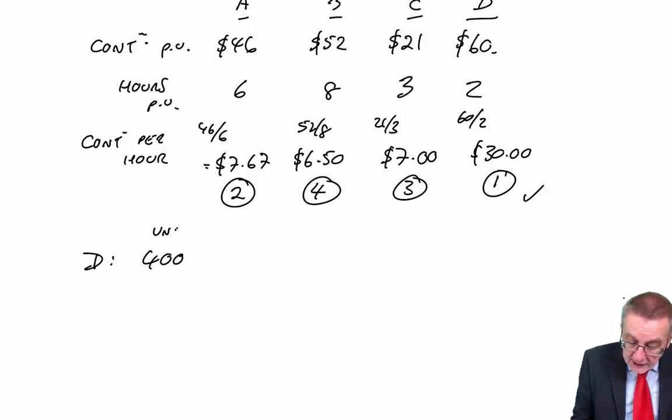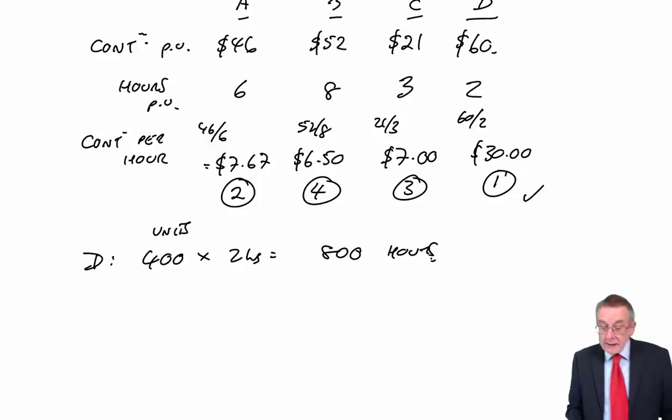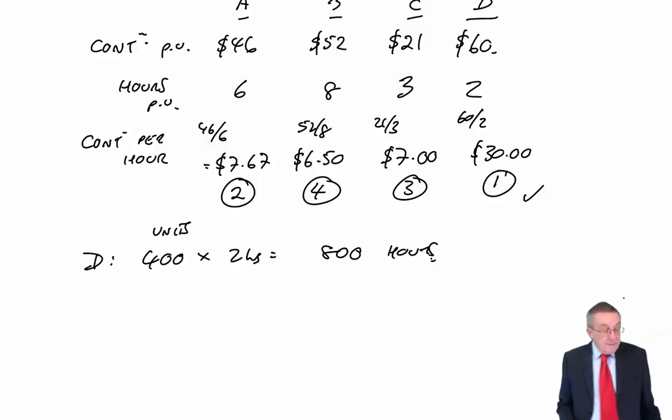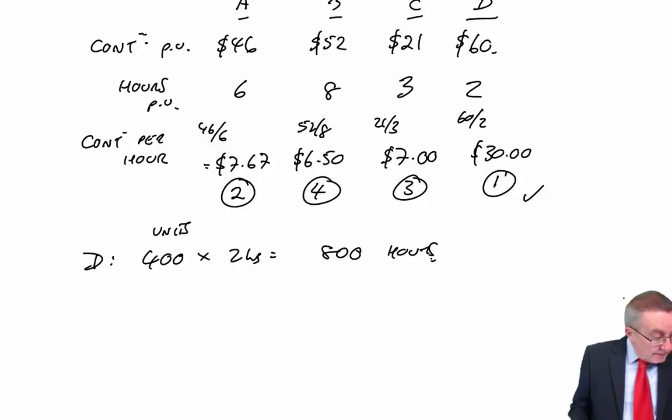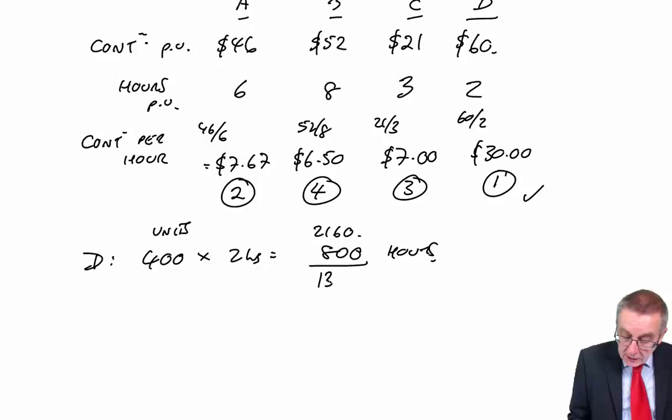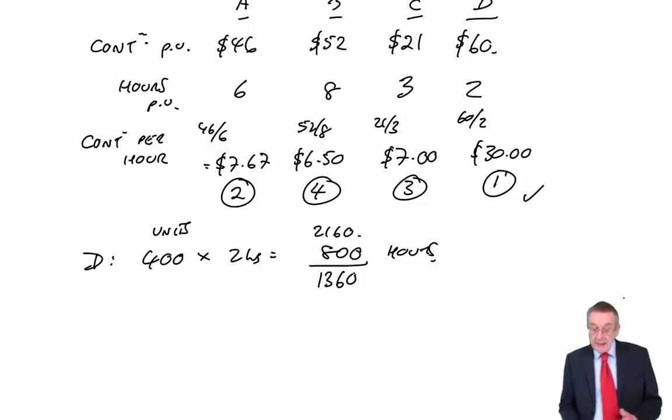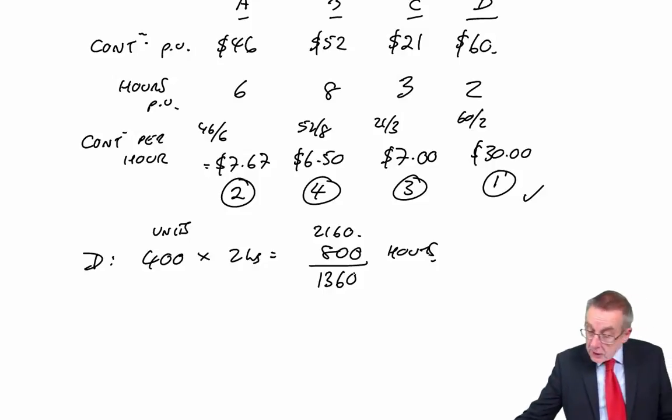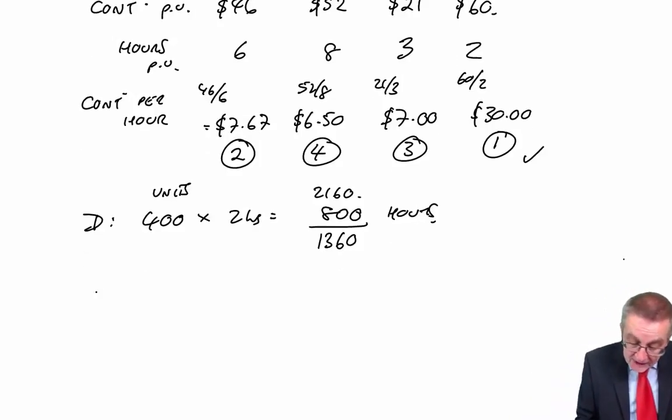And if we make 400 Ds, each D takes 2 hours. And so that will take 800 of the hours. We had 2,160 hours available. So we've still got 1,360 hours left. We can't make more Ds, so go to the next best one, which is A.